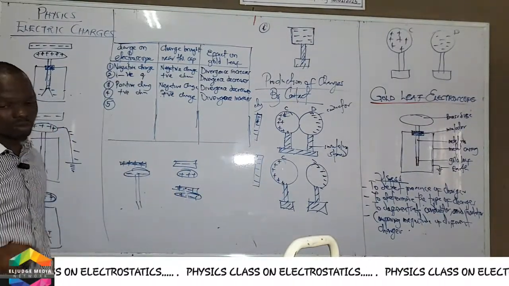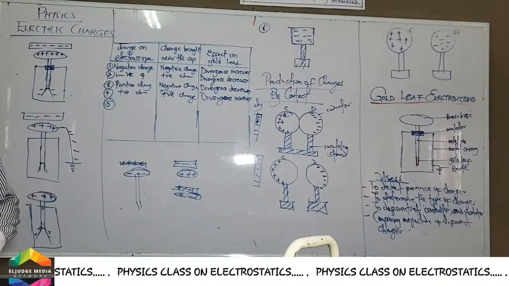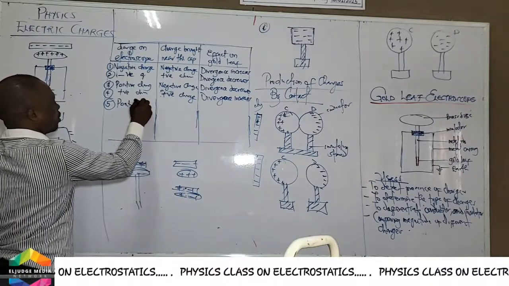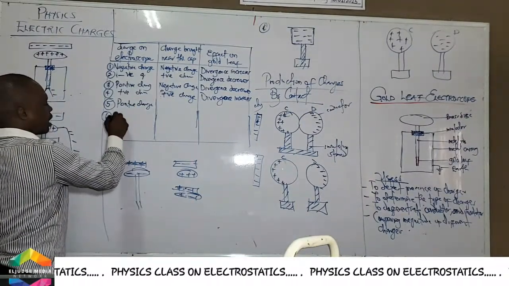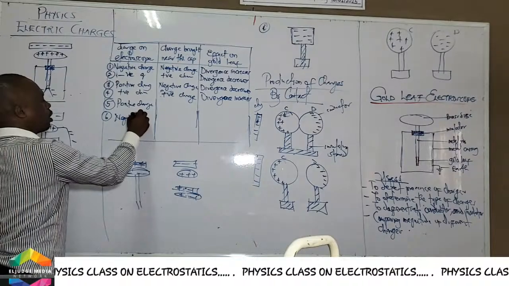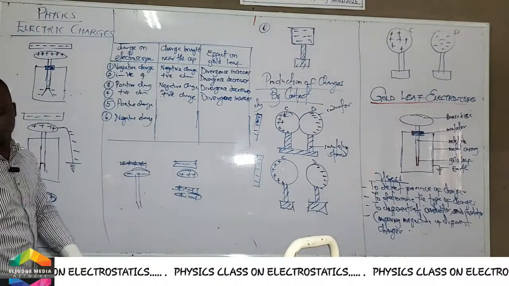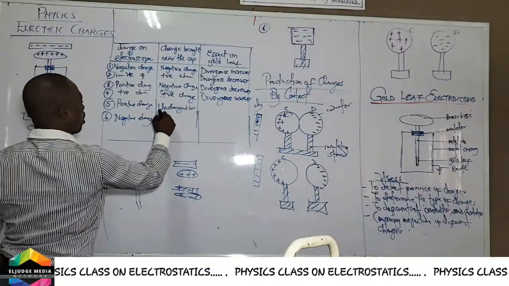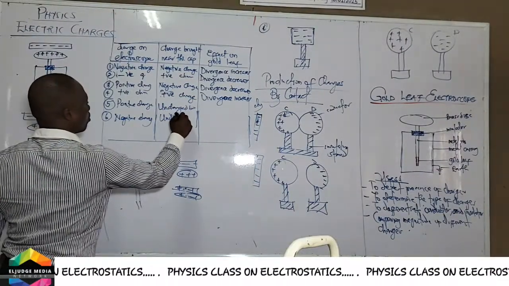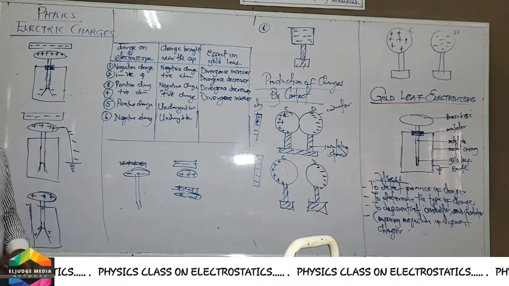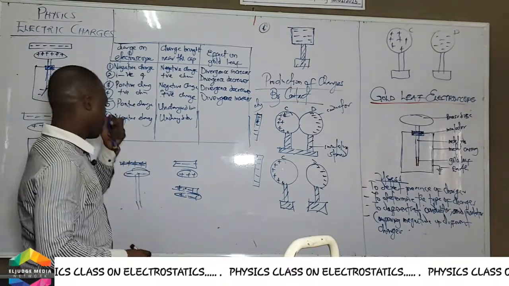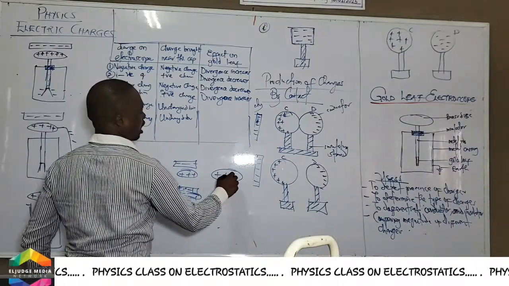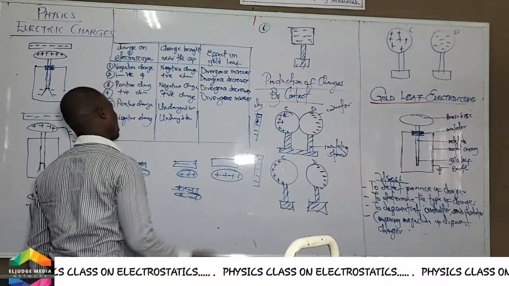5. Now I have a positively charged electroscope and, the last one, a negatively charged electroscope, and I am bringing an uncharged body. For the positively charged gold leaf, this body does not have a charge.